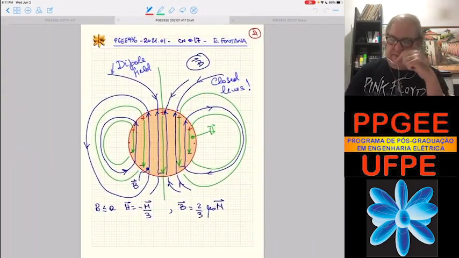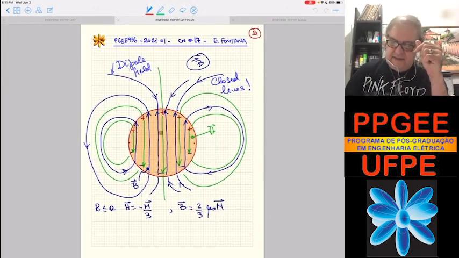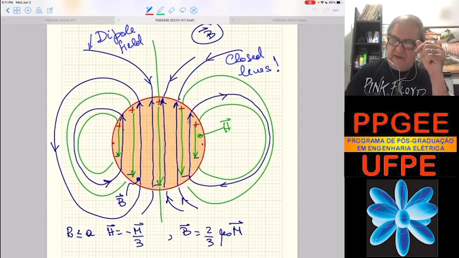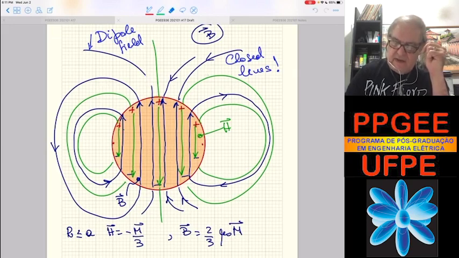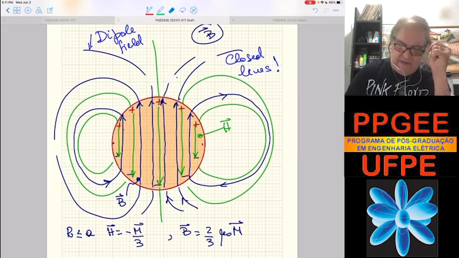Of course, this is the same illustration I just did. Closed lines for the... I think this is drawn wrong. Yeah, this is wrong here. I'm sorry about that. This is the other way around. The B field is not like this, but like that.